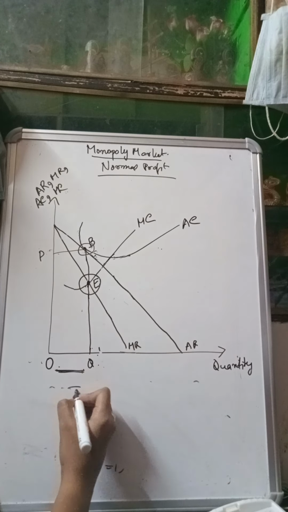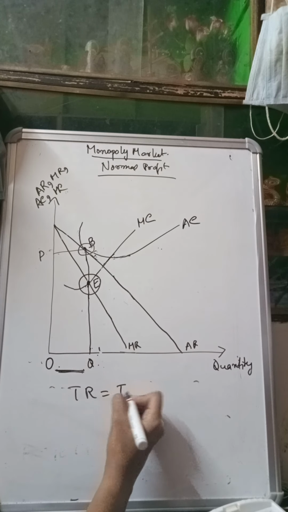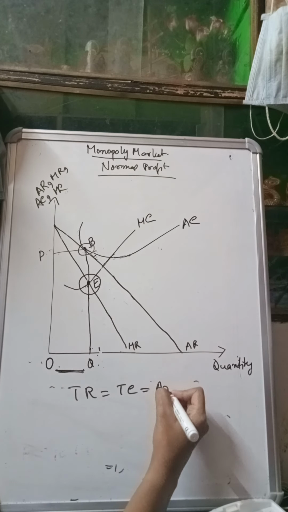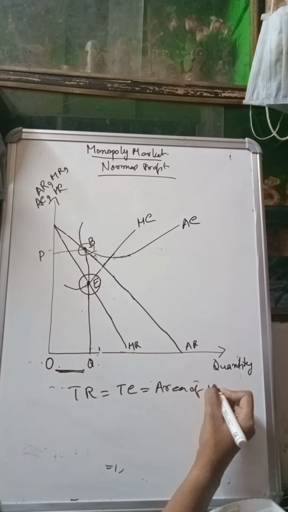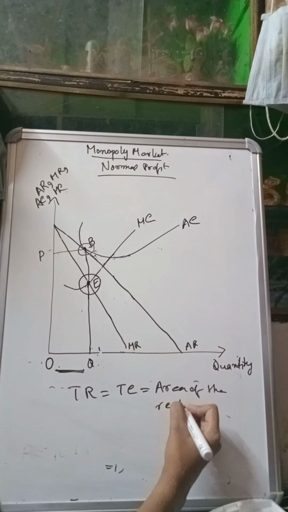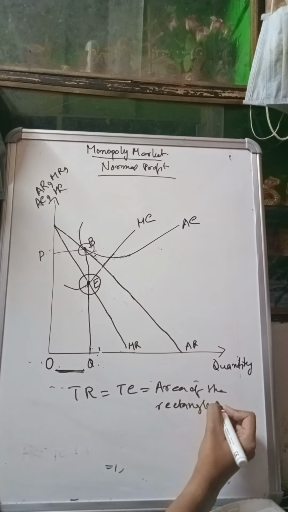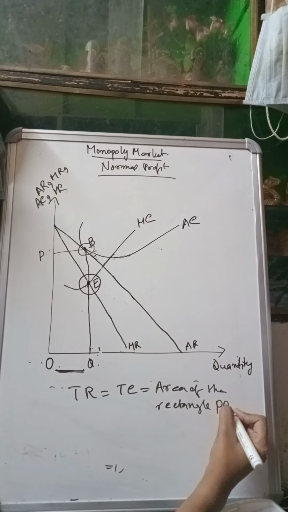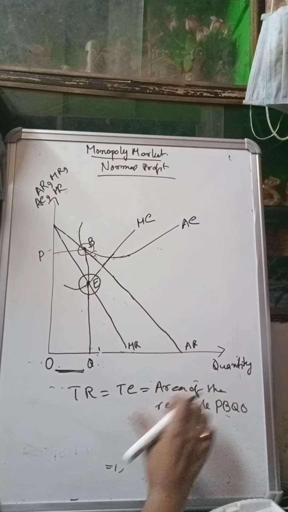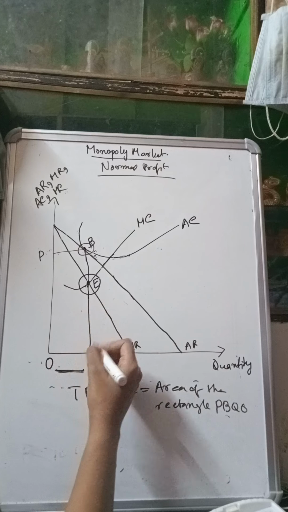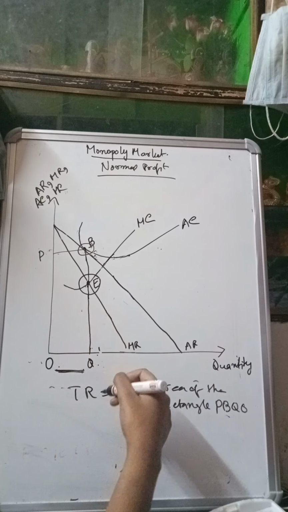So can I write that TR equals TC equals the area of the rectangle PBQO? Both are the same, right? This is my total cost and this is my total revenue.